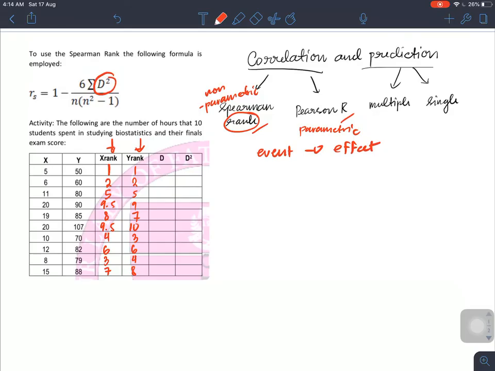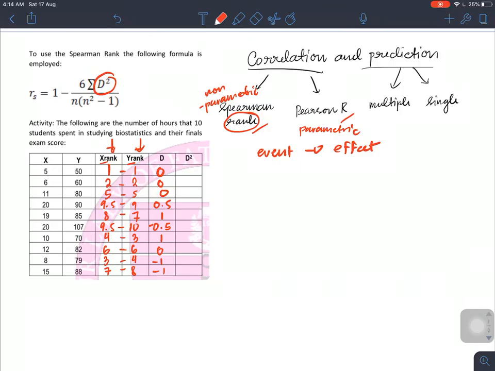After getting the ranks of our x and our y, we simply subtract the values. Madali lang po, D stands for difference in ranks. So 1 minus 1, 0, 2 minus 2, 0, 5 minus 5, 0, 0.5, again, negative 0.5, 1, 0, negative 1, and then you have another negative 1.